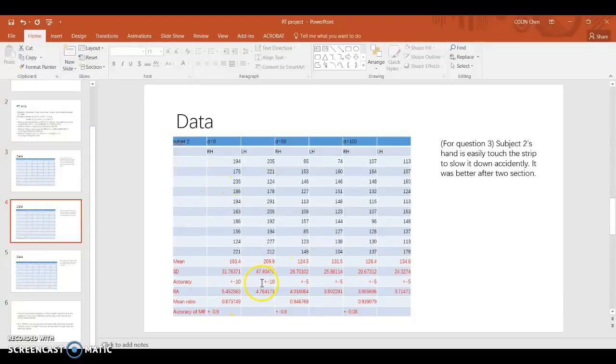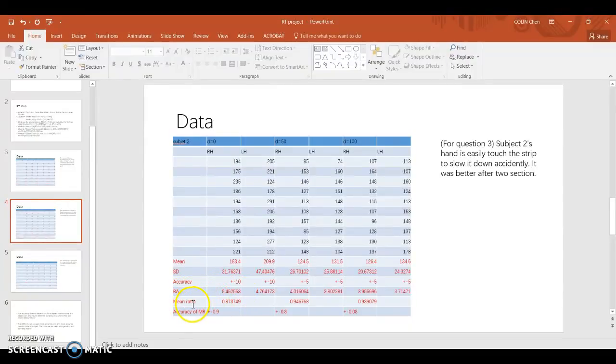That's why I put 10 first and then 5 in the other sections. With the same process for the relative accuracy, I just use the accuracy divided by the mean value and get the relative accuracy in percentage.